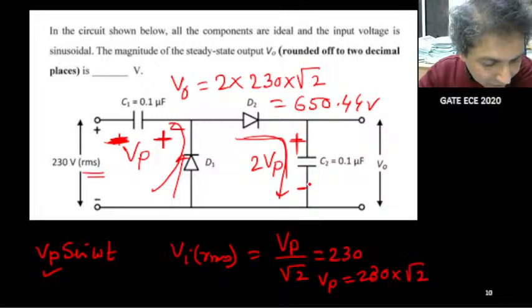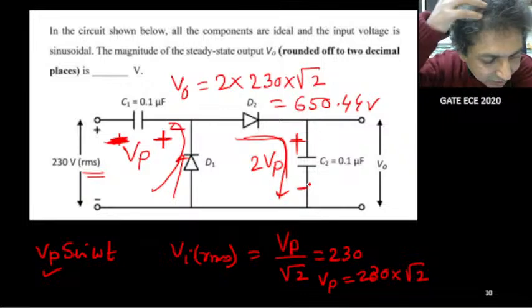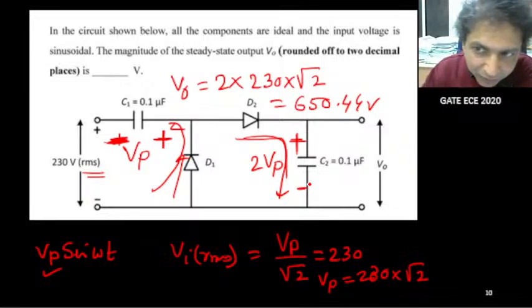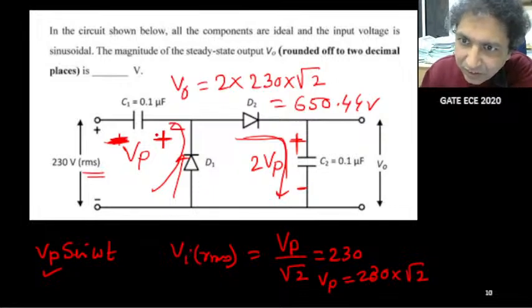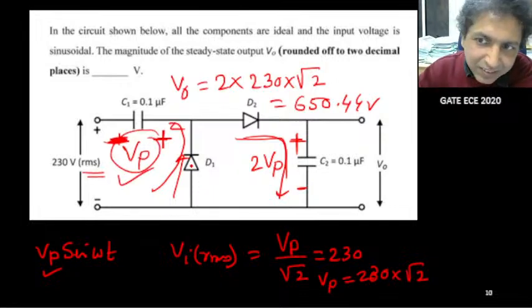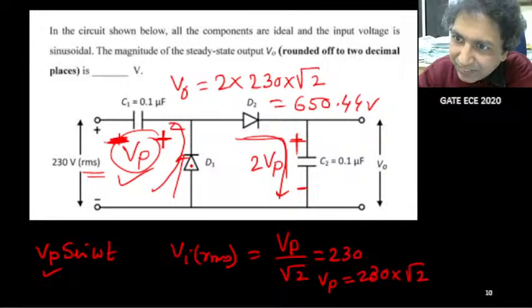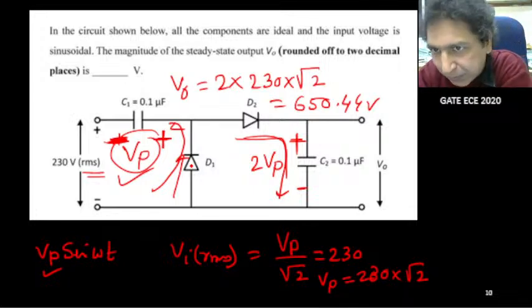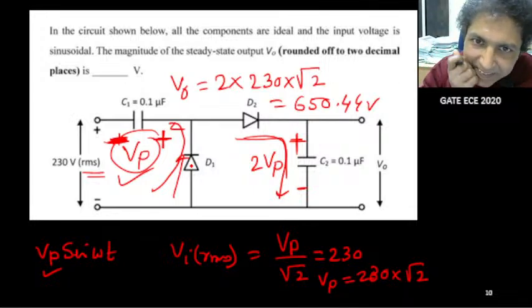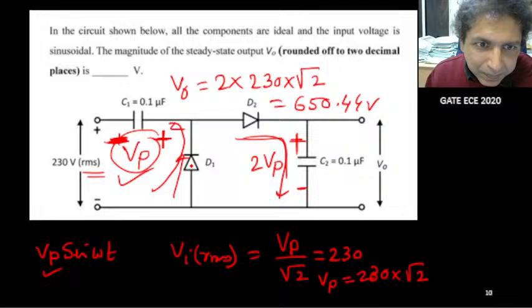No. How did you get 325? Yes, it is half of this. Yes, exactly, this is only Vp. You are correct, because the first capacitor will have only Vp, meaning 325.22. And the second capacitor will have twice that potential, 650.44. Okay? Any doubt, please?